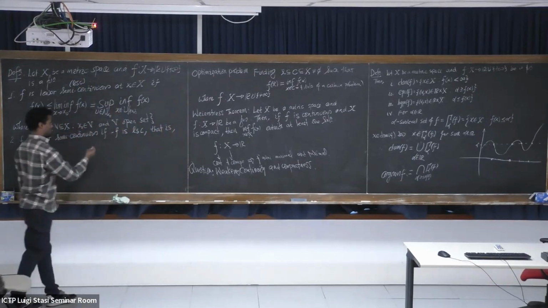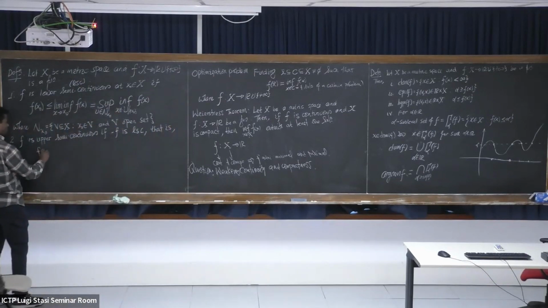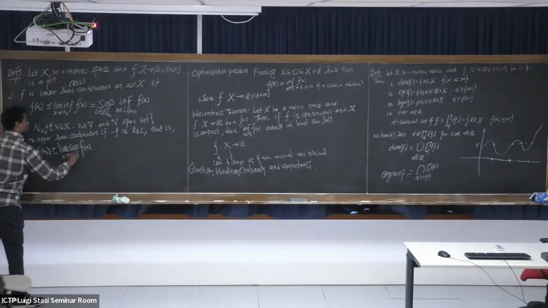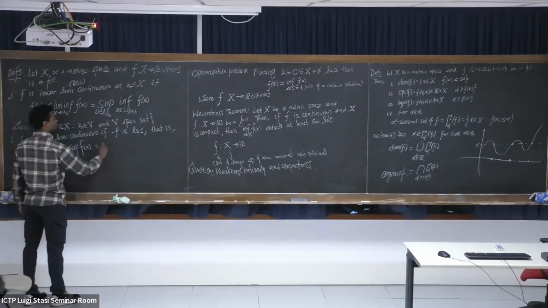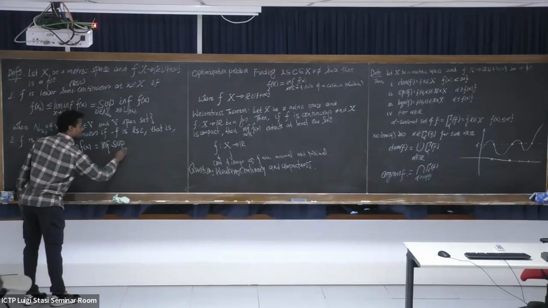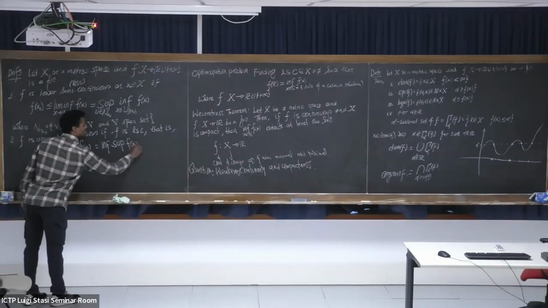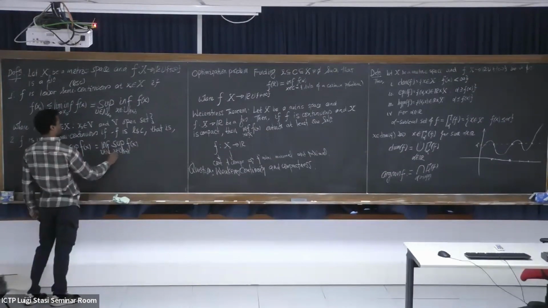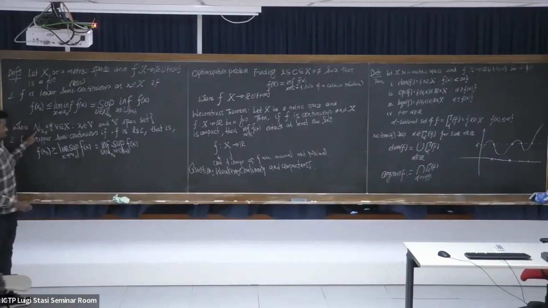Meaning that I can have the value of F at X naught is greater than or equal to the lim sup of F of X as X goes to X naught. This is the infimum of the supremum of F of X over X an element of U, where X naught is deleted, and U is an element of the X naught neighborhood.